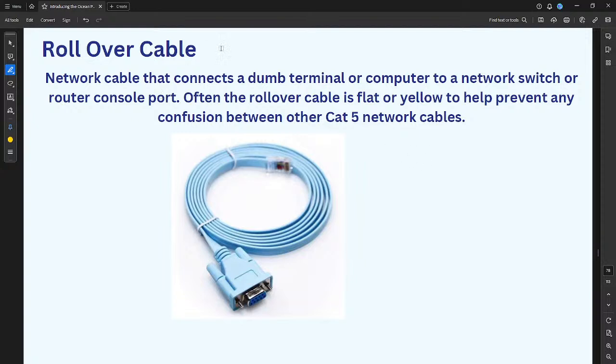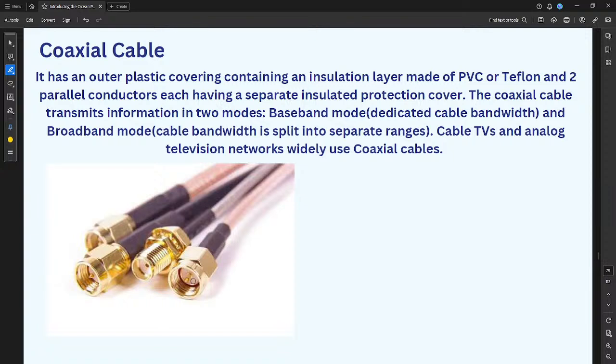We also have the rollover cable. You can see this has an RJ45 point here, and this looks like a VGA type of connection, if I'm not mistaken.